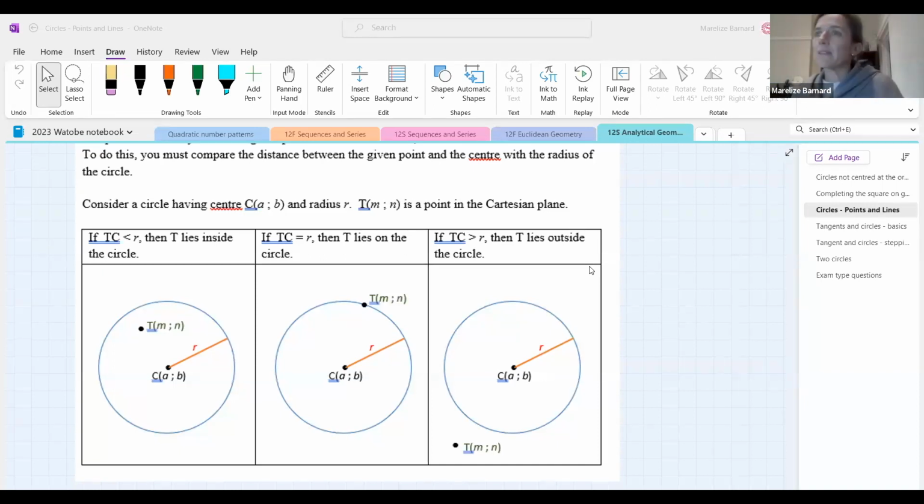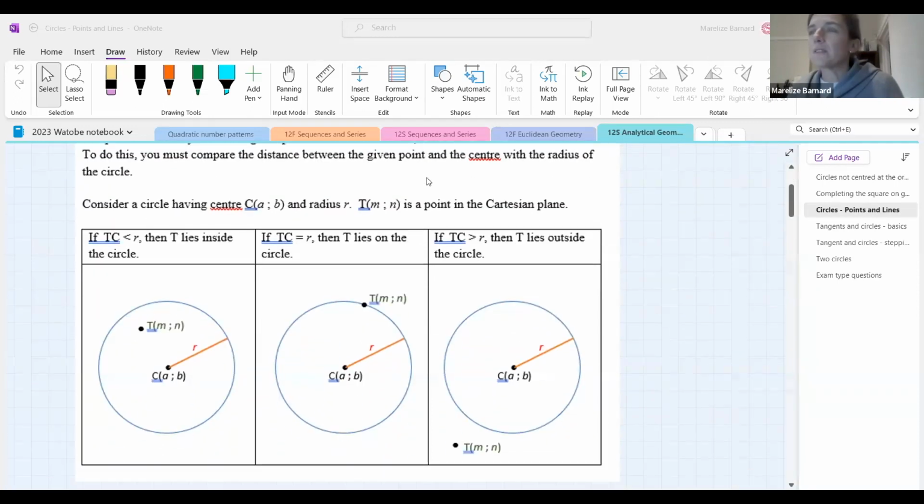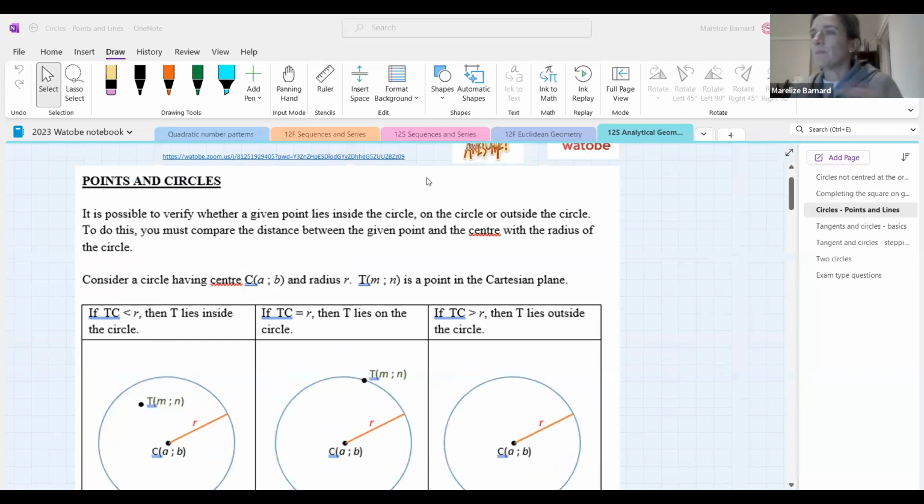Okay, so what we are basically talking about is if we have a given point anywhere on the Cartesian plane, and we have a circle with a center with coordinates A and B, whatever those coordinates are, then we can determine if that point lies inside, outside, or on the circle.